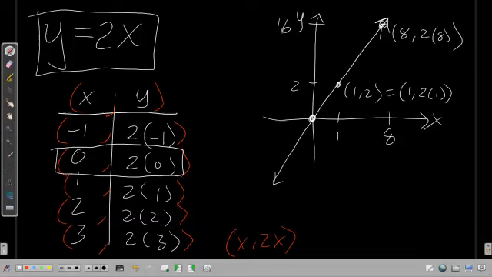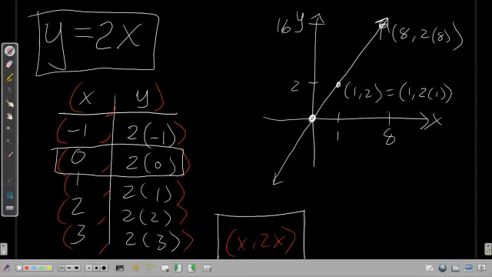So there's just going to be some kind of rule given to you via this equation, and it will dictate for you how to find it. It tells you the relationship between the x-coordinates and the y-coordinates.